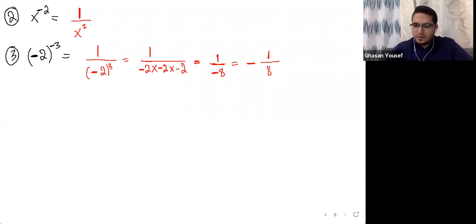Now, the rules for exponents. We have some rules.